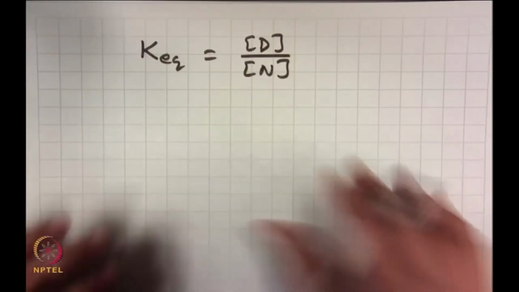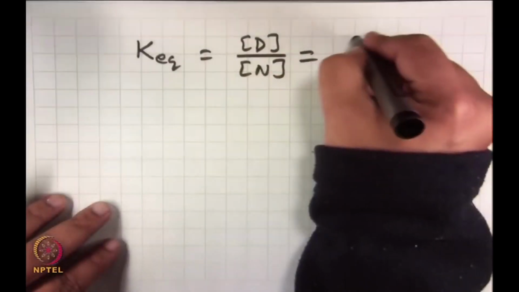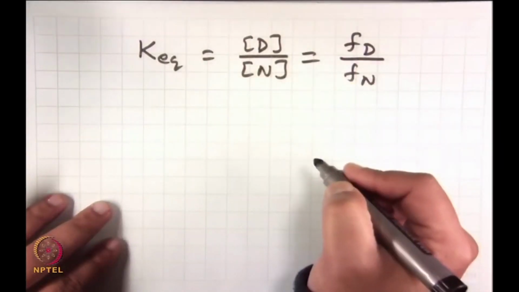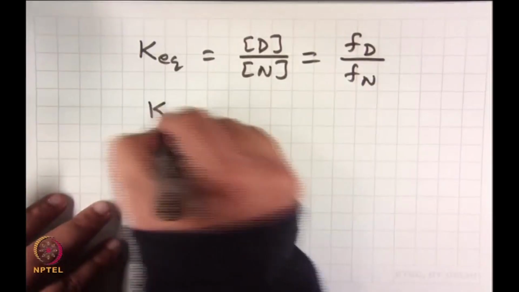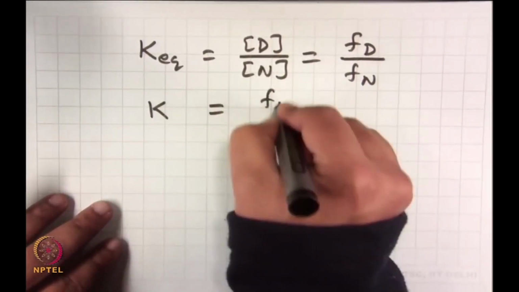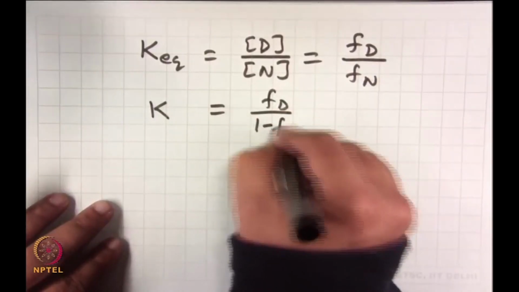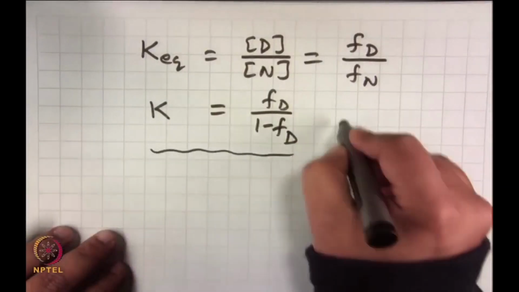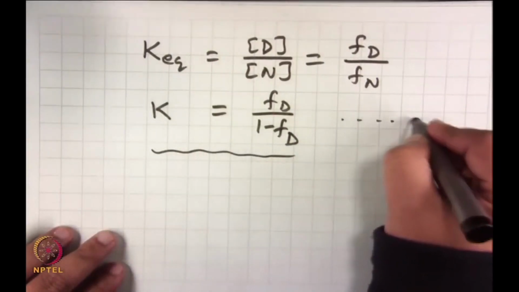So this can be written as f of d over f of n, or I can write K which is equilibrium. Now, I am just writing K is equal to f of d by 1 minus f of d. Okay. So this would be equation number 5 for us.